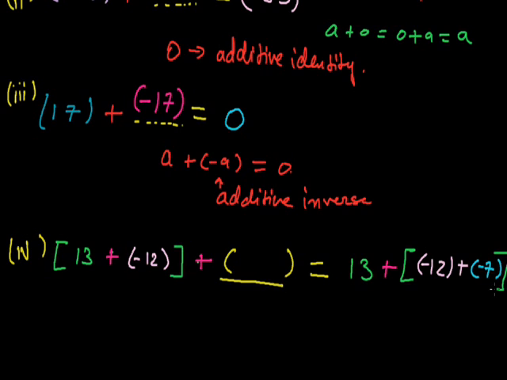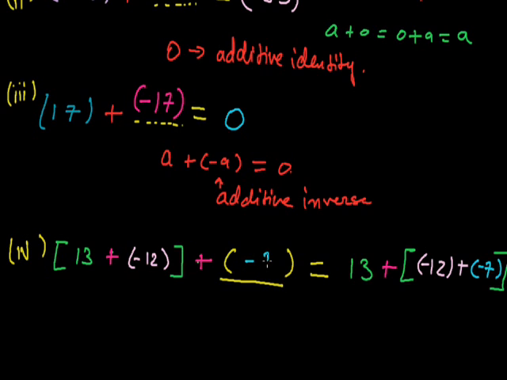Now you have to fill a number which should come here. If you see this side, here also you are having 13 plus minus 12 plus minus 7. So I think the number which should come here should be minus 7.